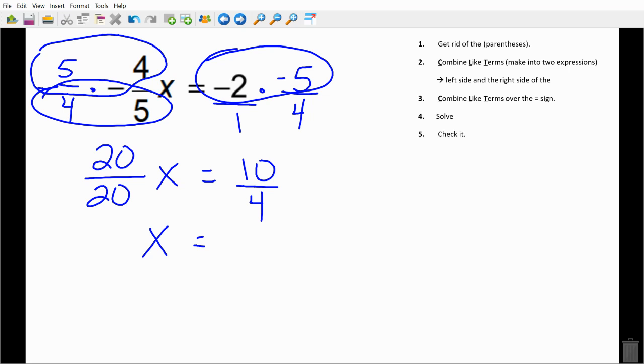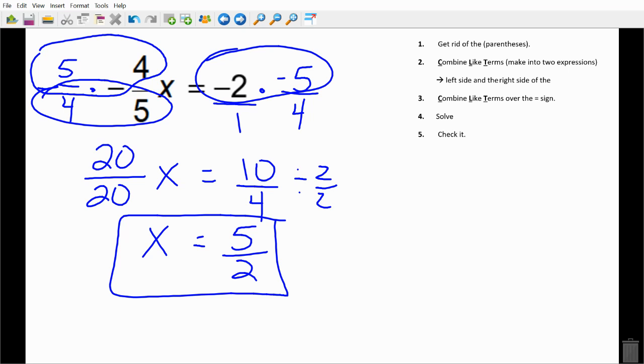If you know 10 and 4 have a common factor of 2, we're going to divide by 2 over 2, which is really just 1. So we're just going to make these numbers smaller. What is 10 divided by 2? 5. What is 4 divided by 2? 2. So we get a fraction as an answer. No big deal. Fractions are our friends, not food.